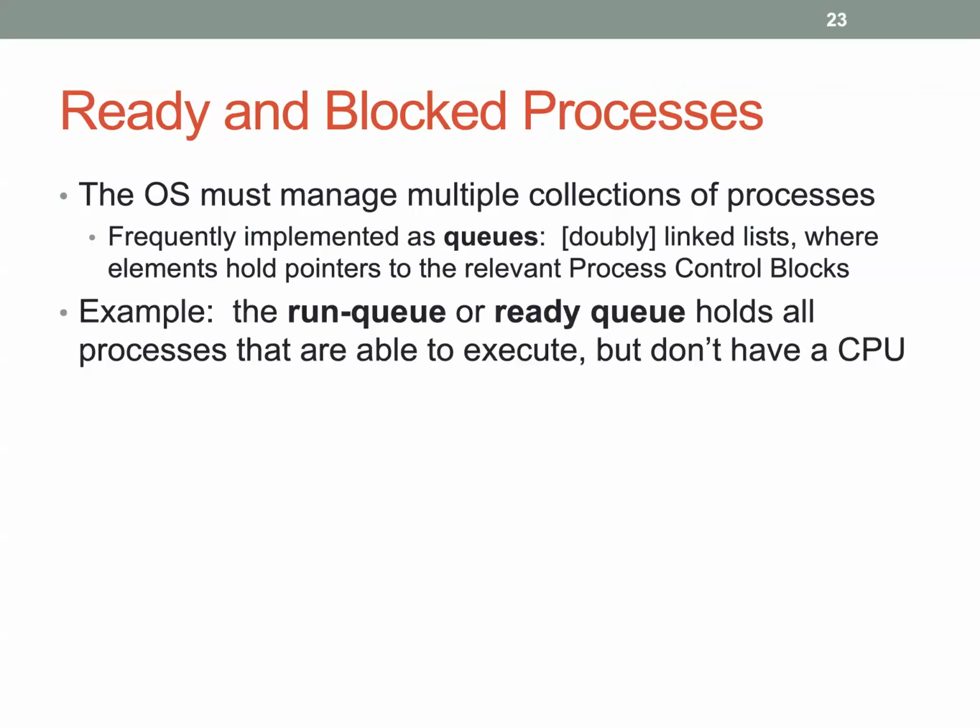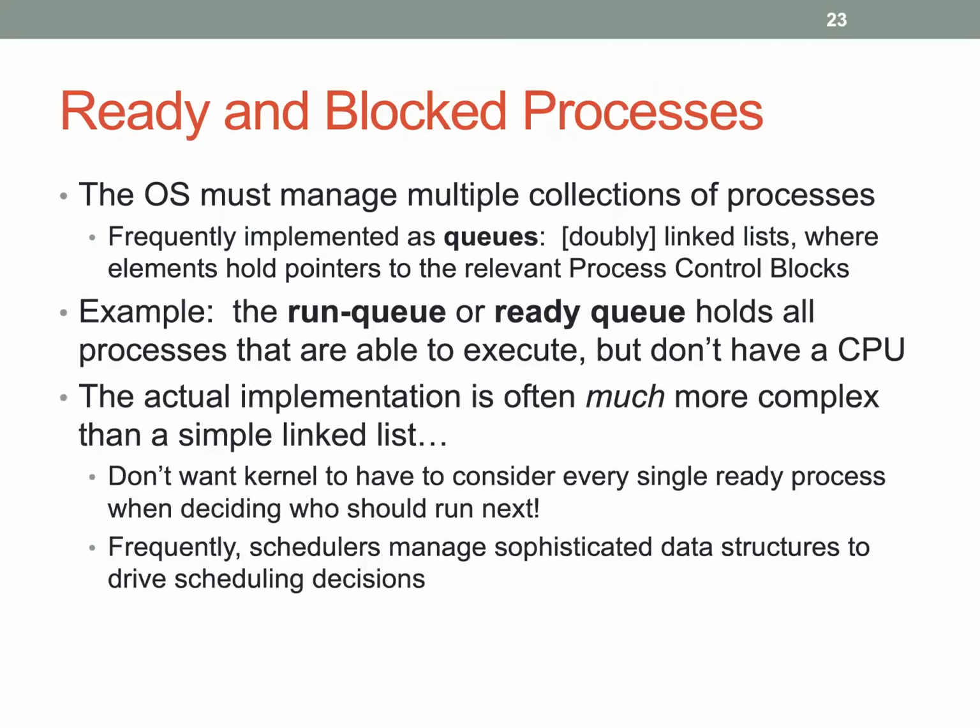Okay, so the run queue or ready queue is going to be all the processes that are able to execute. Now, it doesn't have to be a queue, because scheduling needs to be fast. I already talked about that briefly. I might mention as an example the current default Linux kernel scheduler, which has a great marketing name. It's called the Completely Fair Scheduler.